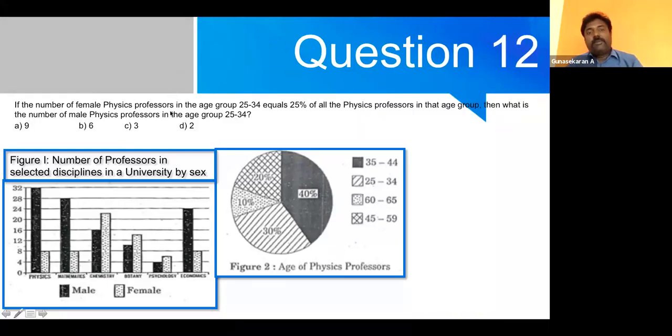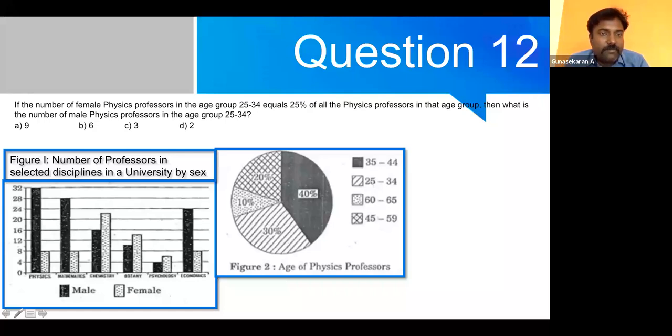Well, the number of female professors in the age group 25 to 34 equals 25% of all the physics professors in that age group.